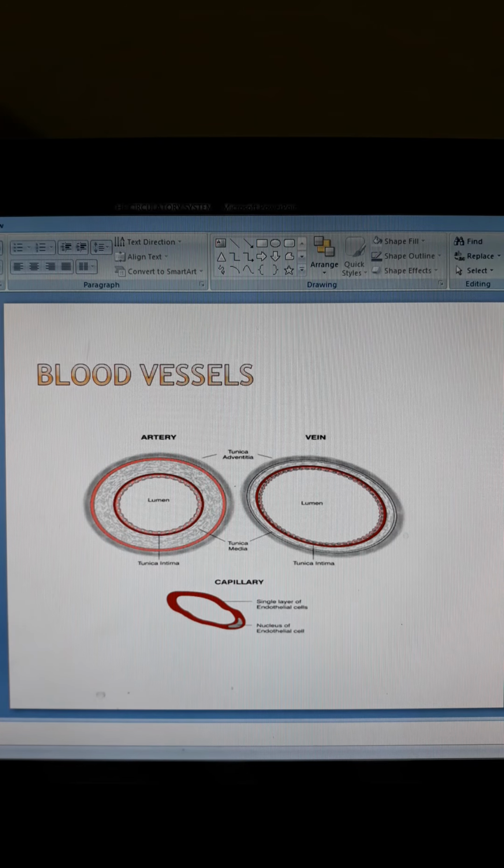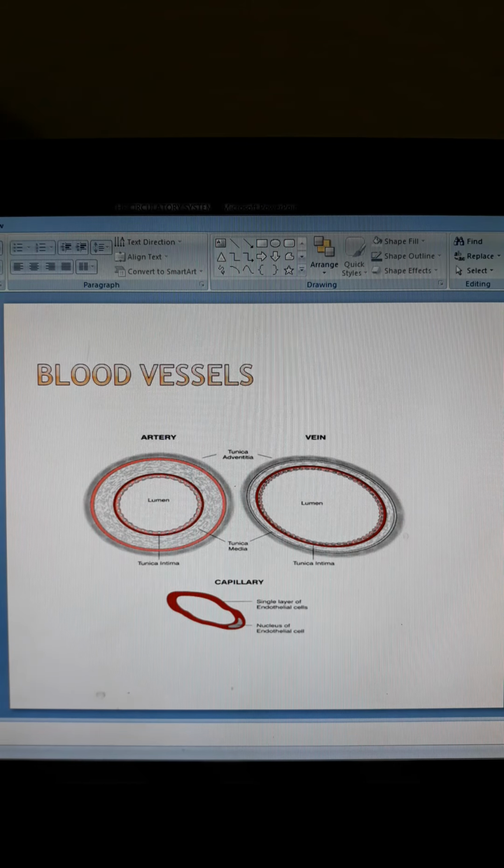So they collect deoxygenated blood from all over the body, except one vein, that is the pulmonary vein, that carries oxygenated blood. The rest of the veins carry the deoxygenated blood from the body to the heart.